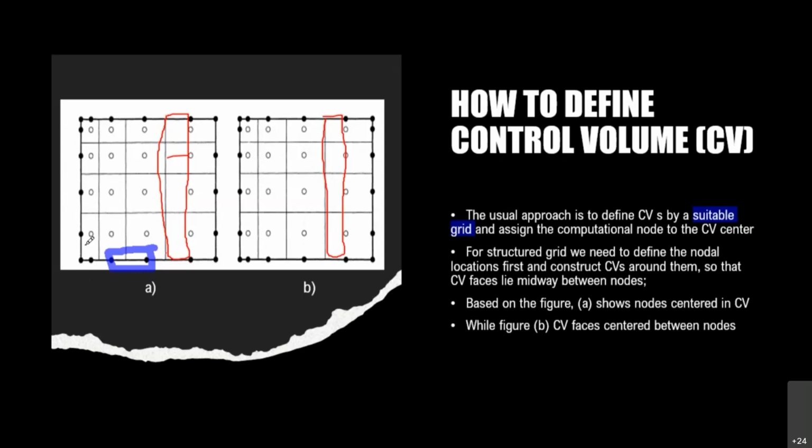For example, in the software I used previously, we had two options. One software calculates the fluxes in the middle of the element, while the other software also uses the control volume, but the fluxes are calculated on the face of the element. So those are other options for this method. Okay, thank you.